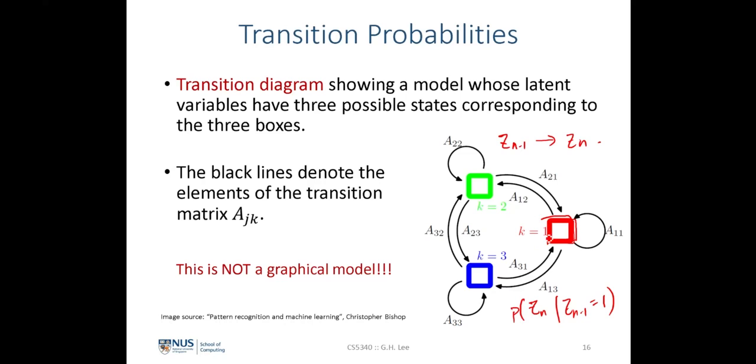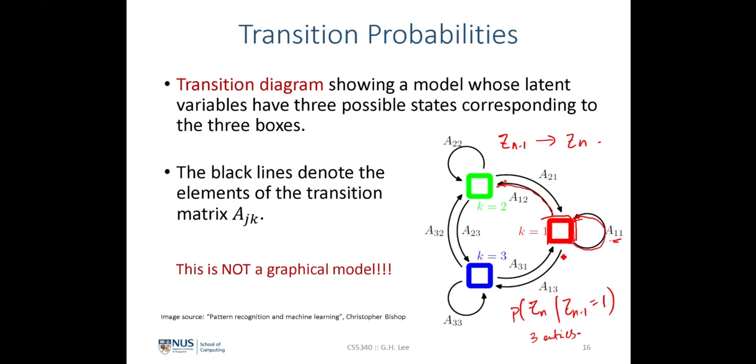This probability consists of 3 entries, since there are 3 states for Zn. The probability that the next state Zn takes k equals 2 is given by this arrow, denoted by A12. The probability of the next state remaining at k equals 1 is given by this arrow returning back to itself, A11.